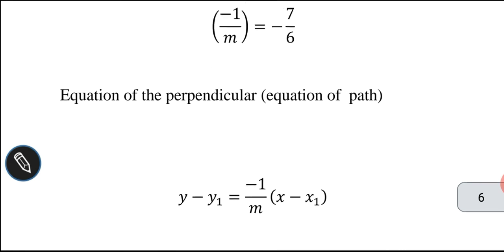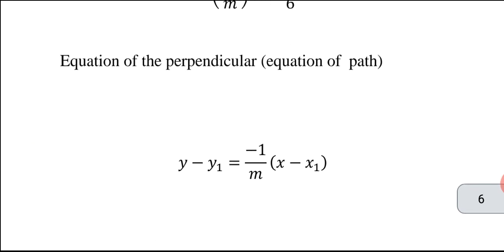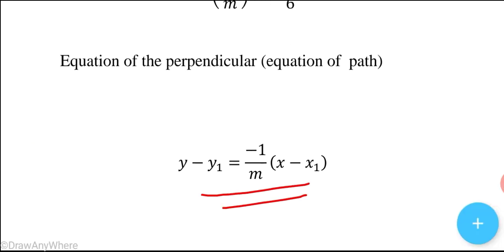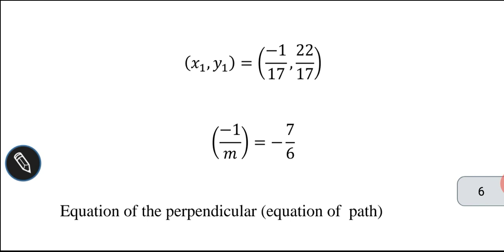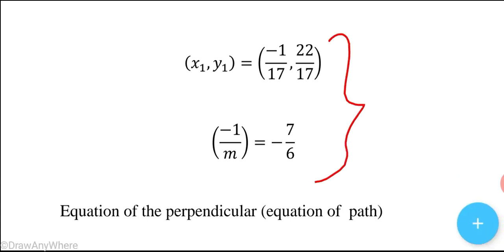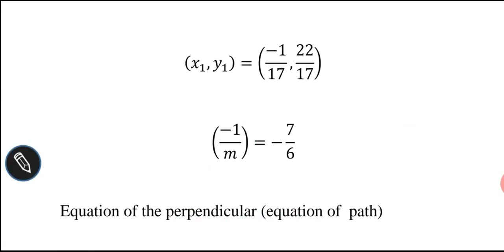The equation of the perpendicular is y minus y1 equal to minus 1 by m into x minus x1. Already we have listed the values of x1, y1 and the slope of the perpendicular, so just plug in.